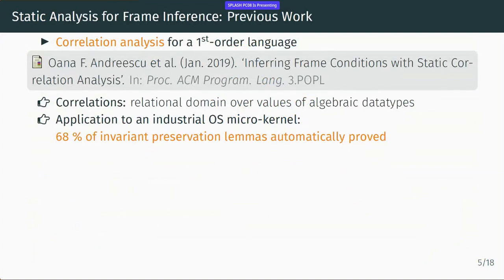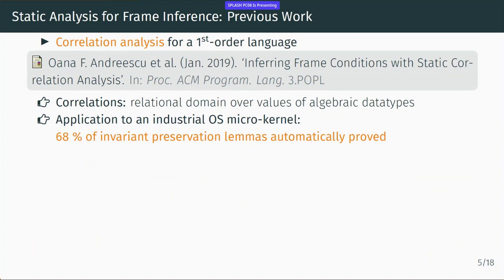So it's not the first time that we focus on that question. Three years ago at PLDI, we presented the case of analyzing a program written in a first order language. Okay. At that time, we introduced a specific abstract domain called correlations that describe relations between the values of algebraic data types.